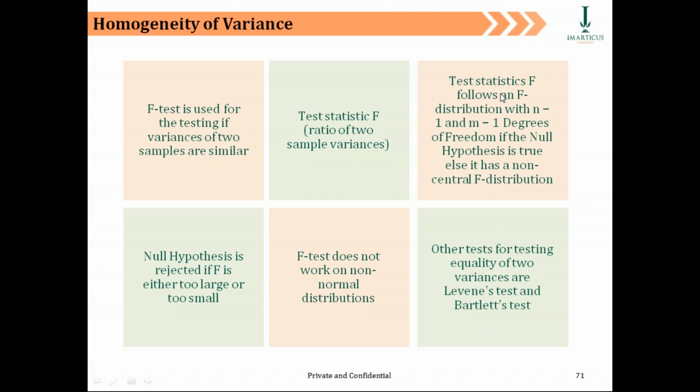The test statistic follows an F distribution with n-1 and m-1 degrees of freedom. If you remember how we did it, we did 15 minus 3, the number of records minus the number of groups, and then groups minus 1. That's what it is saying, n-1 and m-1 degrees of freedom. Is that clear?